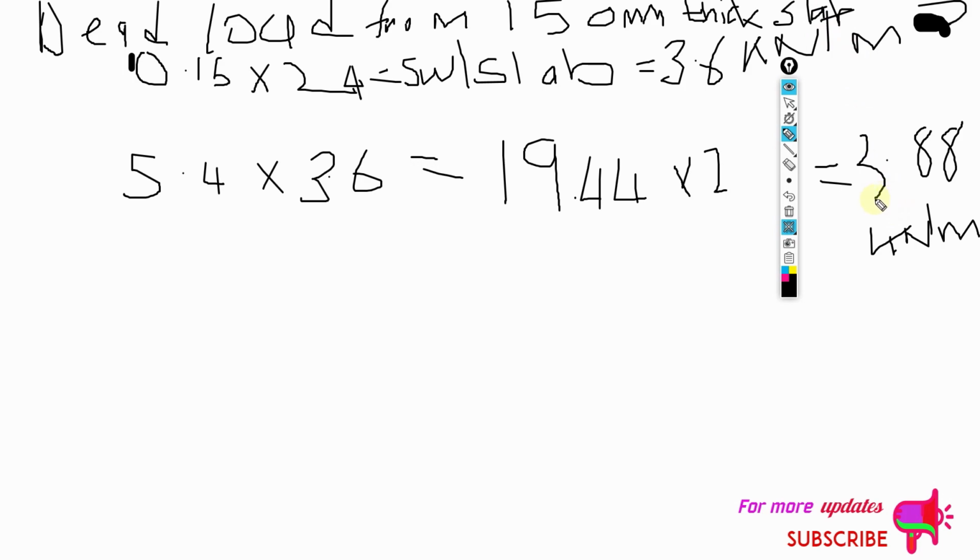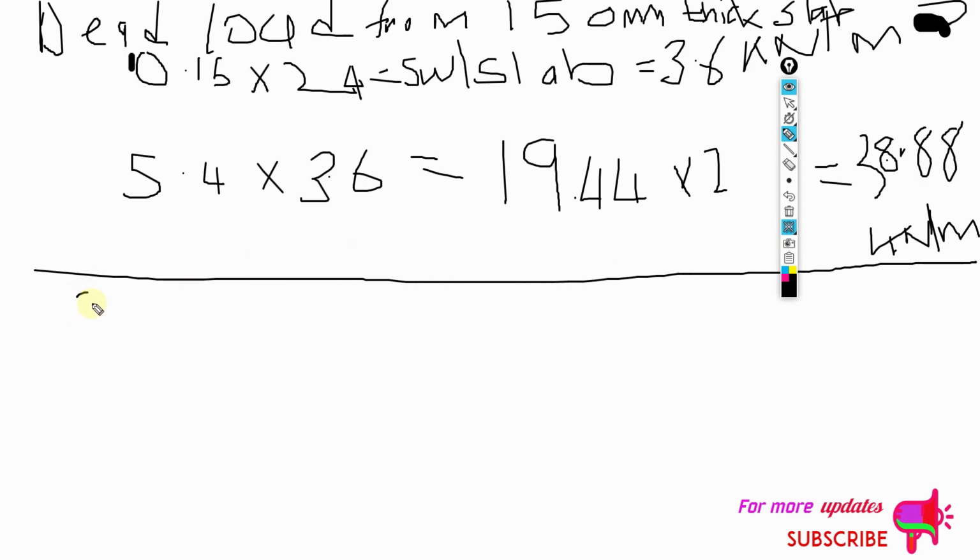That will be equal to 38.88 kilonewtons per meter. Now we want to find the self weight of the beam. This one is times 2 because it's a T-beam, so there are slabs on both sides of the beam.